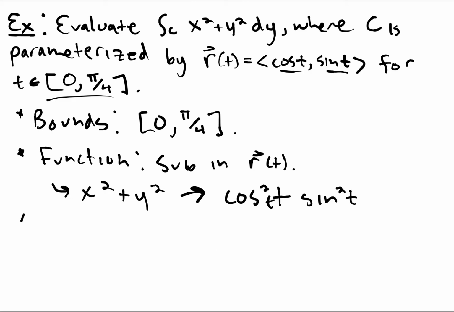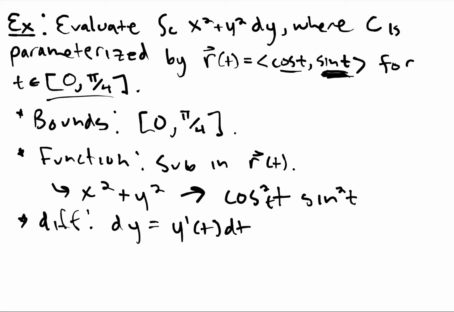Now, as far as my bounds or my differential on the end, we have said that dy is supposed to be y prime of t dt. You'll notice that my y here was sine of t, so my y prime is going to be cosine of t.